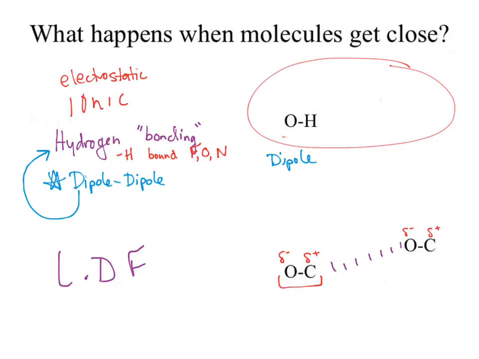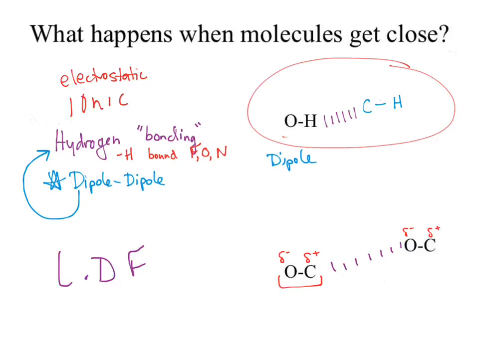For there to be a hydrogen bonding interaction, what do I need? A second molecule. Second molecule, do I have a hydrogen bonding interaction? No. I still have the hydrogen bound to fluorine, oxygen, or nitrogen, so that is still present.